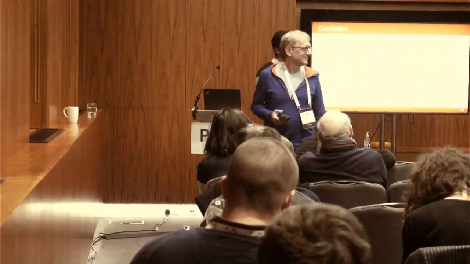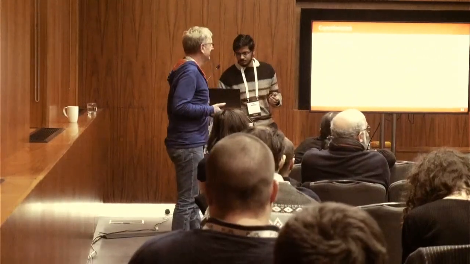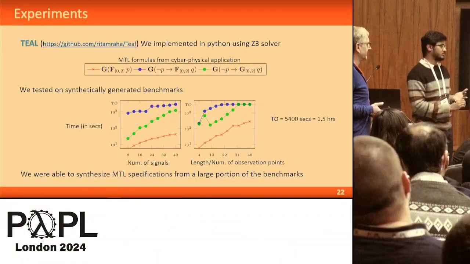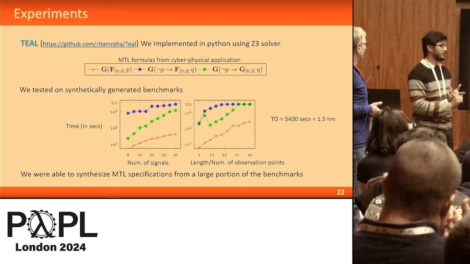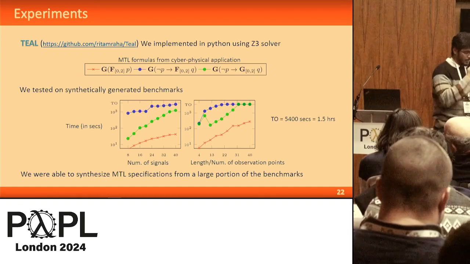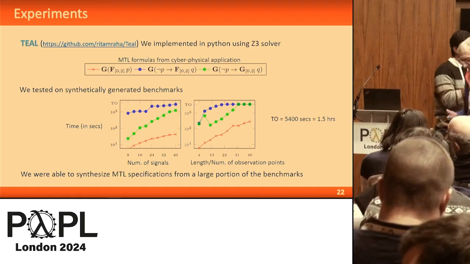So on your previous slide, you said that you took the formulas from applications. What do you mean by that? So there is a work which identifies useful MTL patterns.